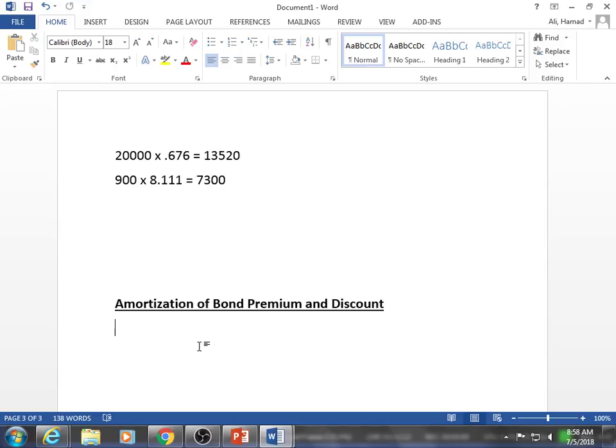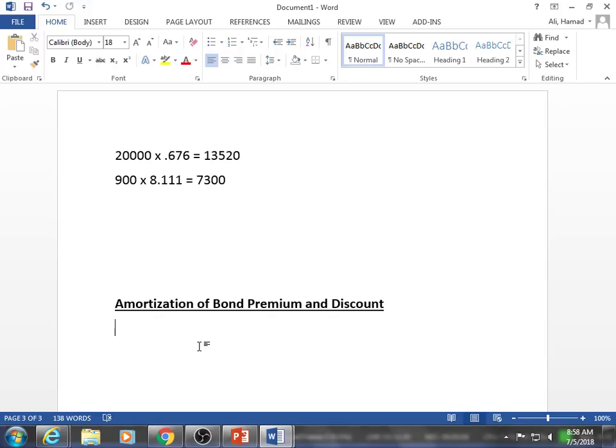All right, so let's look at an example. How do we do that? Before we do that, there are two methods of amortization. You have the straight line method and the effective interest method.